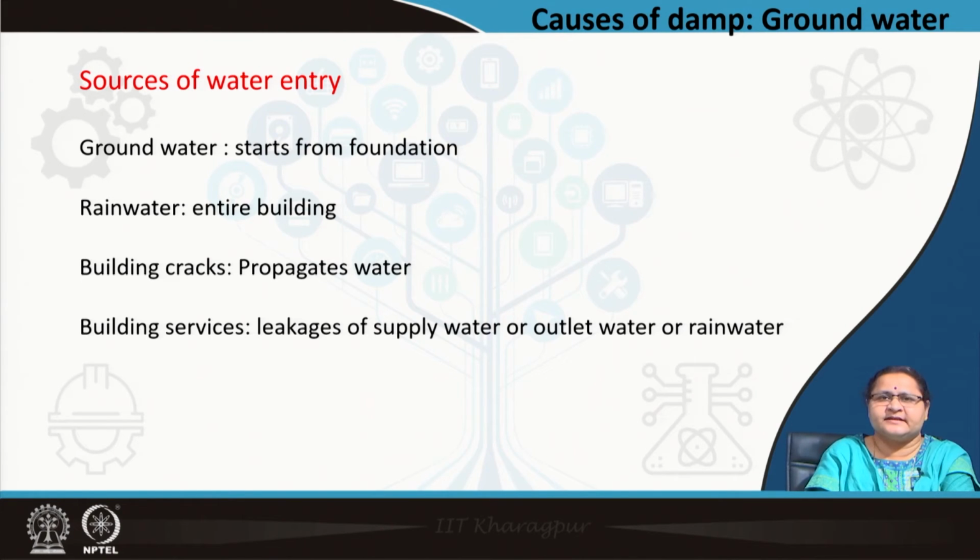Necessary treatments are to be done when it is groundwater. Next, we have the rainwater which the entire building is facing. It may be during a particular season, it may be throughout the year, it may be a dry area. Based on that, we need to have proper measures taken for the rainwater.